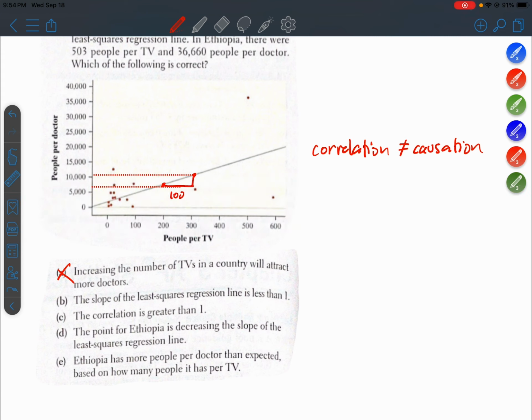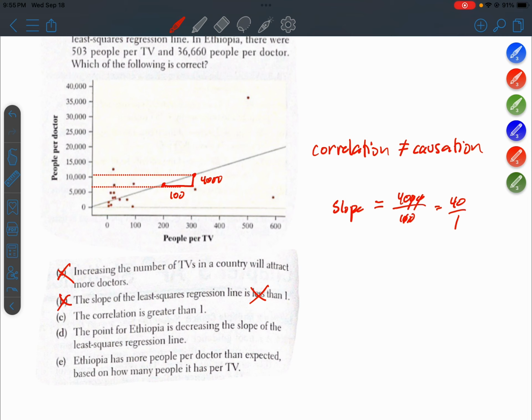Let's estimate that as like 7,000 to 11,000. So that's a difference of 4,000. So our estimated slope would be 4,000 to 100, or 40 to 1. That is not less than 1, so that's false.